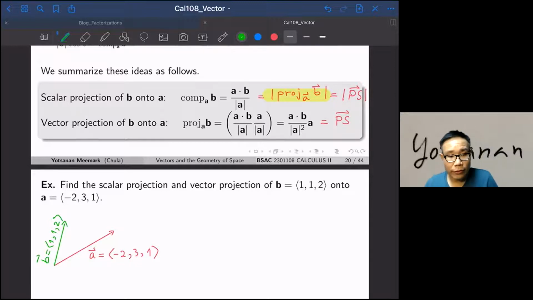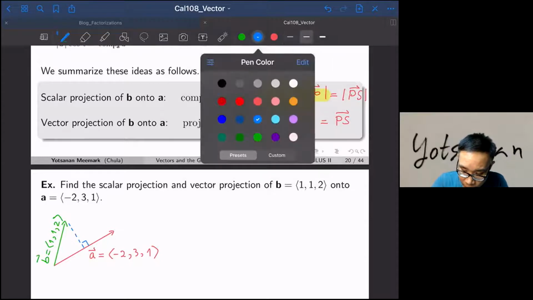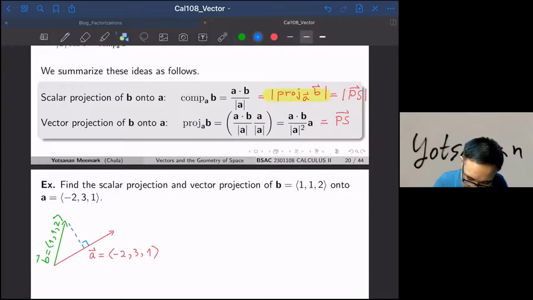If you study physics, you may ask for the projection. So you have the right angle, and the question may ask you to determine this projection.